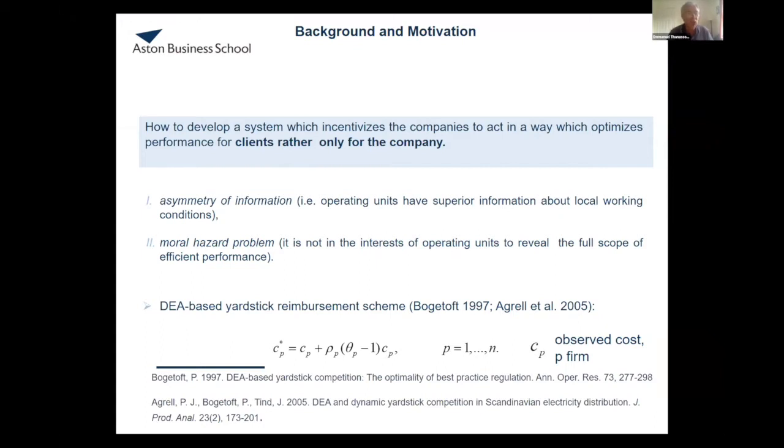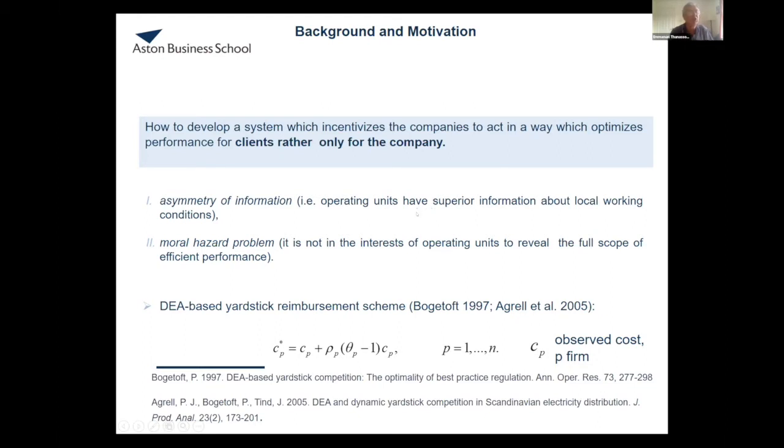Now, in this situation, obviously, there is a conflict of interest. And there is an asymmetry of information in the sense that the companies, the operating units, know exactly how it is possible to operate in order to be efficient. They run the companies. And the regulator doesn't have as much information about what would really be efficient at company level.